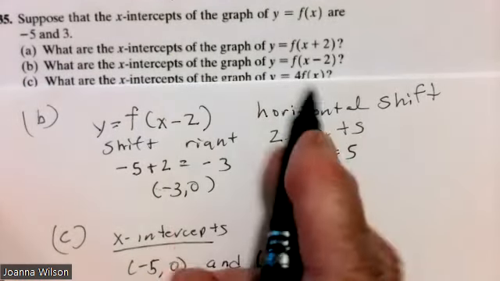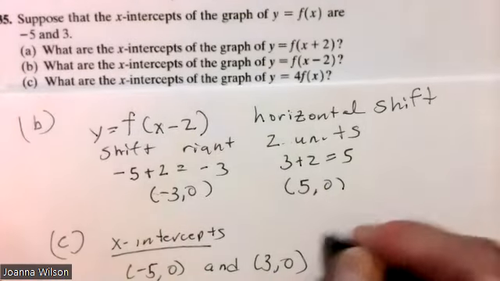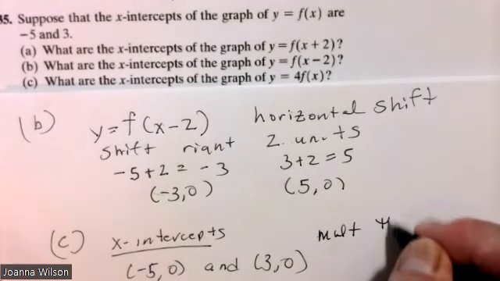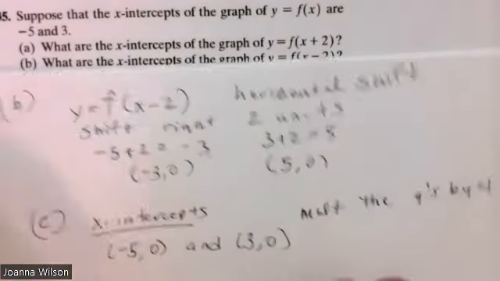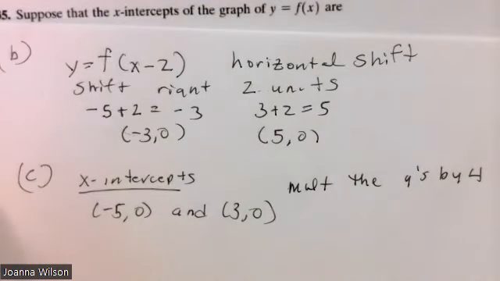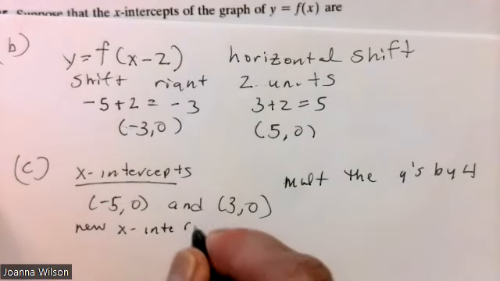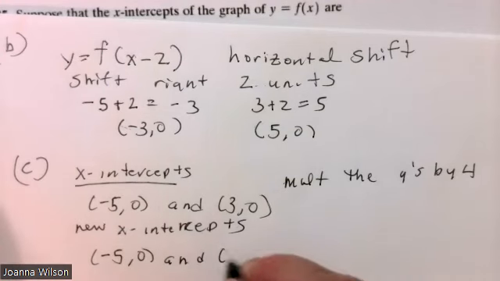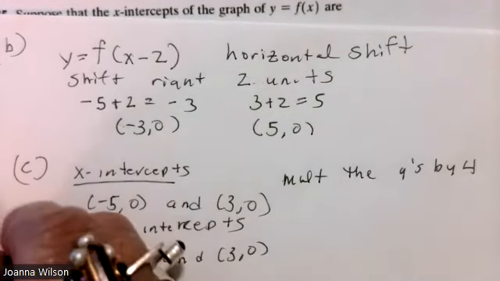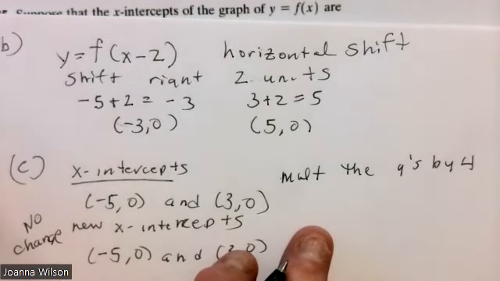Now, I can multiply the y's by 4, but since the y values are 0, the x-intercepts are just the same. So it doesn't change the x-intercepts. I guess I shouldn't say new, they just stay the same. So there's no change in this particular example of the transformation.